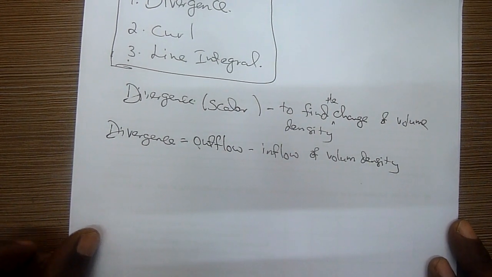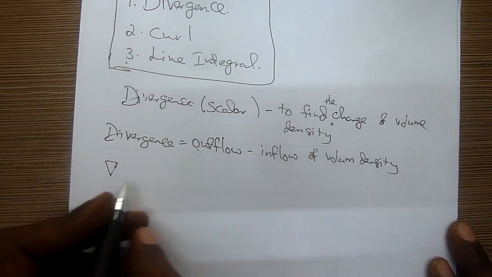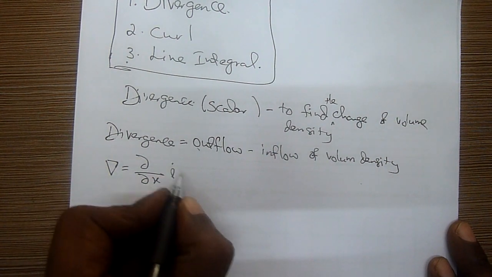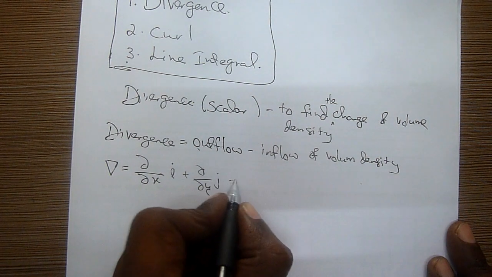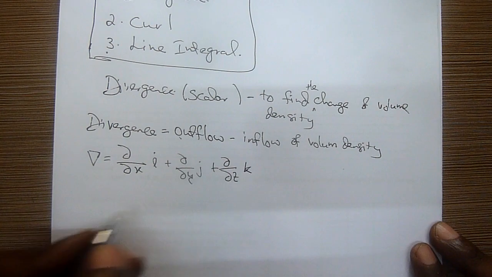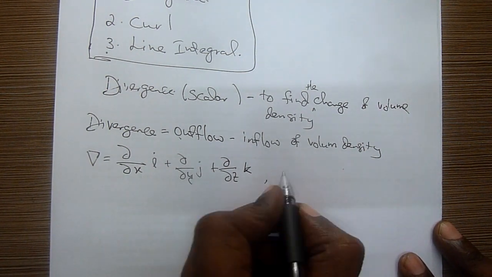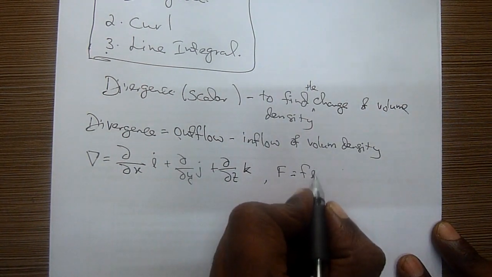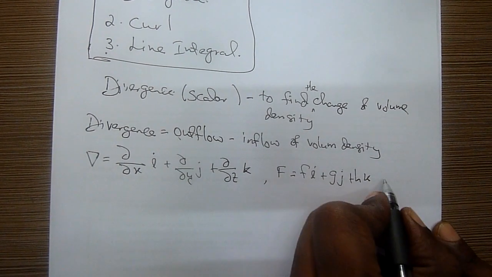Divergence basically, as you all know, nabla is something similar to del/del x i, del/del y j, del/del z k, and there is a vector. I'll give you a vector, a function, f i, g j, h k.